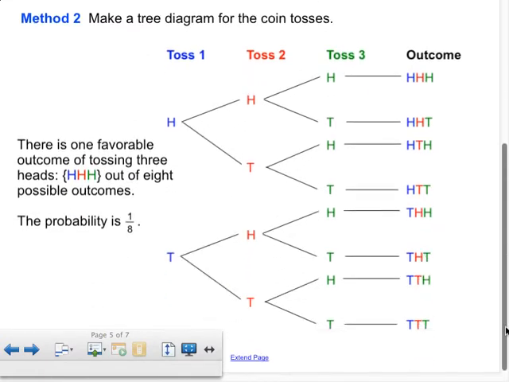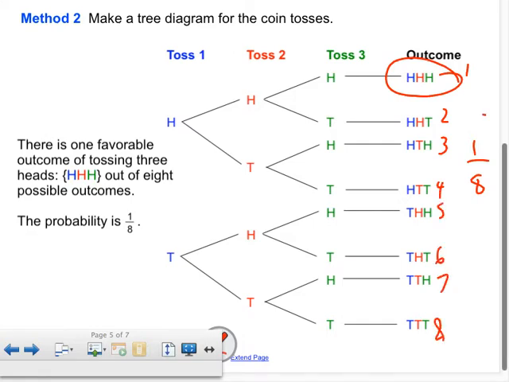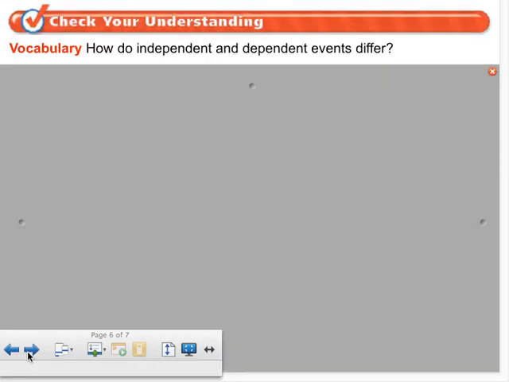Looking at my tree diagram, there's only one outcome out of 8 possible outcomes, so the probability is 1/8. Got it? Now we're at the end of my lesson.